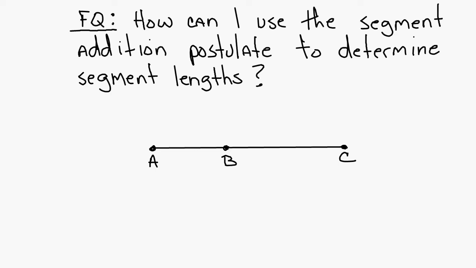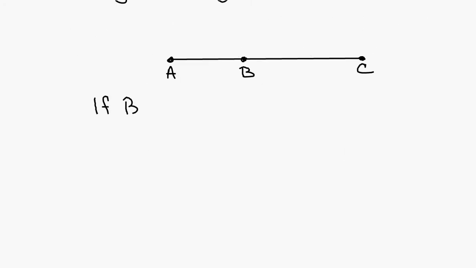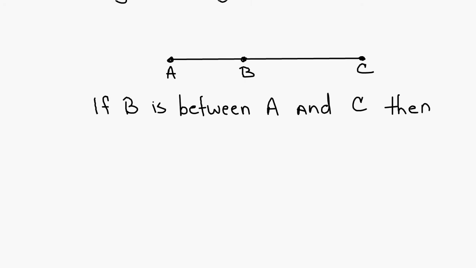The segment addition postulate says that if B is between A and C, then segment AB plus segment BC is going to be equal to segment AC.